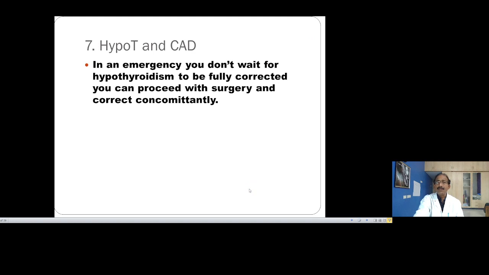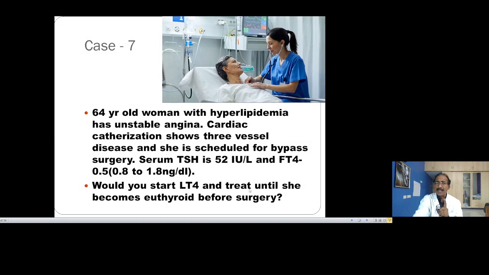In an emergency, you don't wait for hypothyroidism to be fully corrected. You can proceed with surgery. Simultaneously, you can start treating with thyroxine. But if the patient is a cardiac patient, start with a low dose because the patient may throw arrhythmias. Because as I said, it can enhance cardiac catecholamine action, and any sympathetic activity will increase the heart rate, and the patient may go in for immediate infarction.